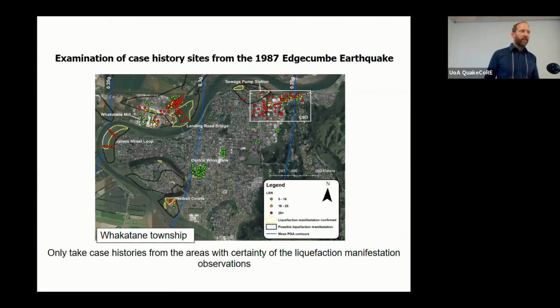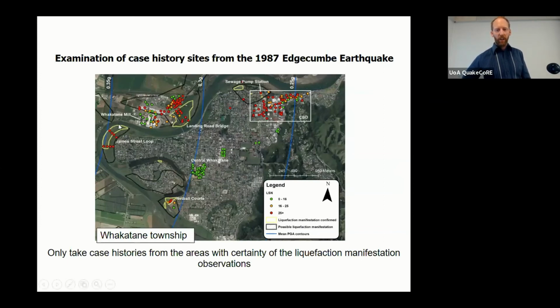Just to avoid the study becoming Christchurch centric and to test this out in other areas of New Zealand, a large team of students and master students have also collated all the case histories together from New Zealand where liquefaction has been observed from other historical earthquakes. Here we're showing the results from where the liquefaction was mapped in the 1987 Edgecumbe earthquake.